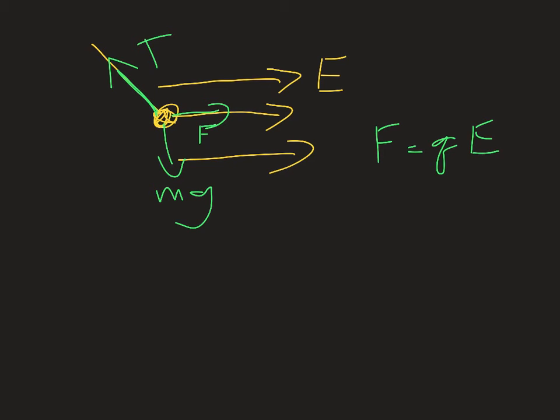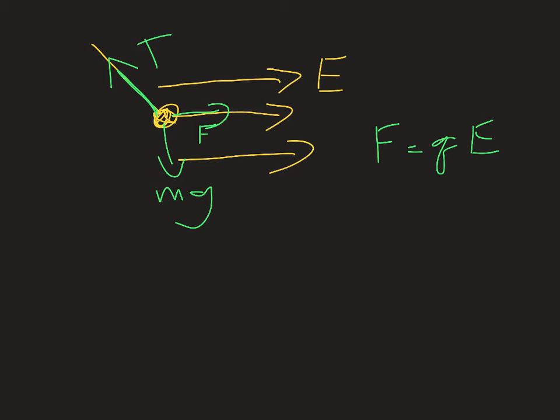There was some force, and we would have tension, and we would have the weight, which is of course mass times the acceleration due to gravity, and we would know that F is equal to QE, and that would be in the x direction.